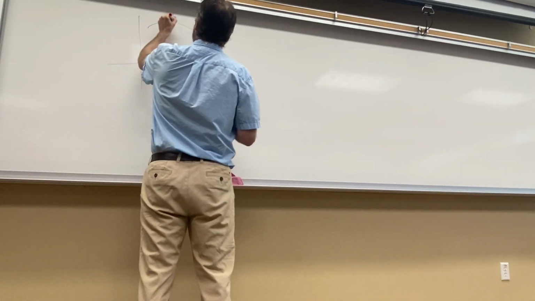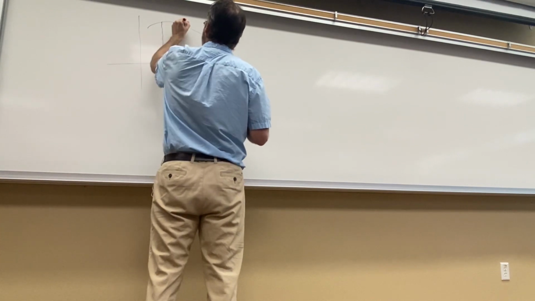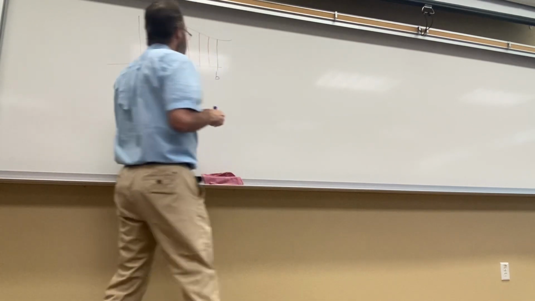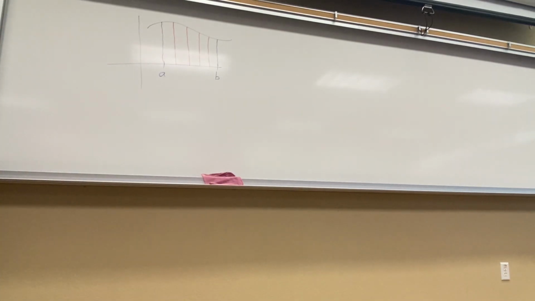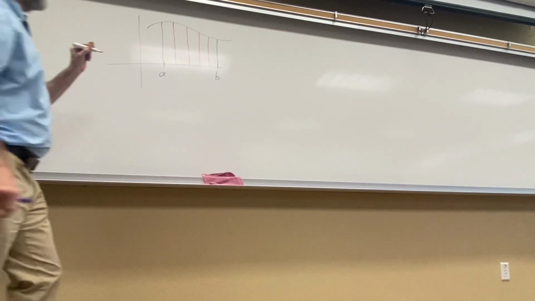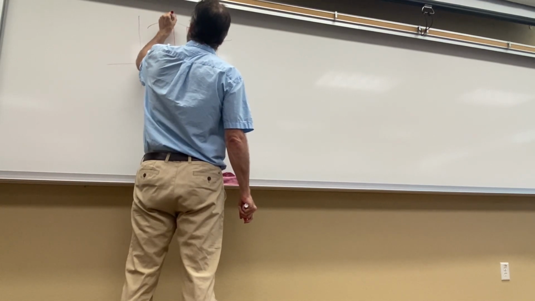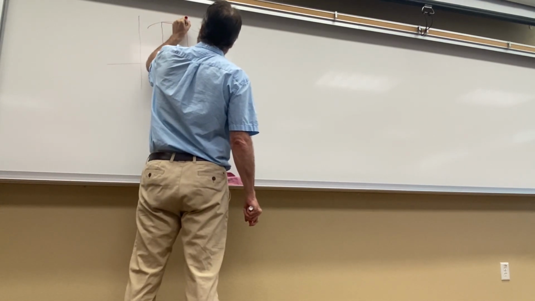I'm going to take this, I'm going to divide it, slice it into regions like this. Okay. And now what I'm going to do is I'm going to just chop off the top of these and make them flat.